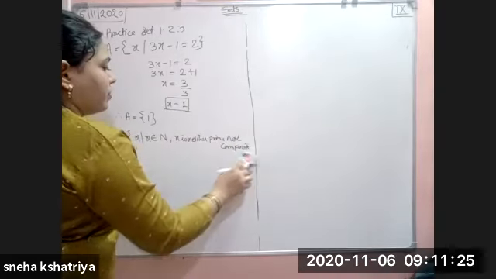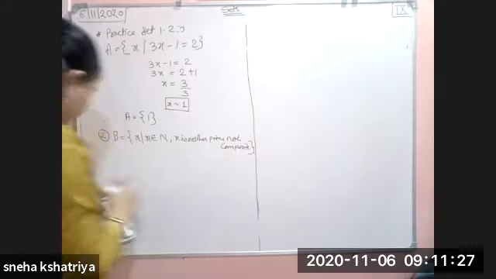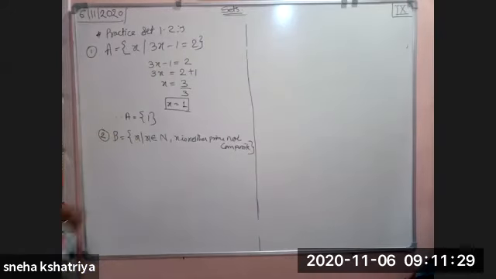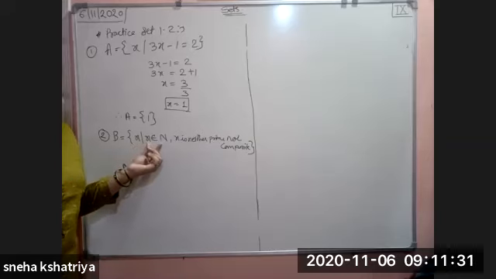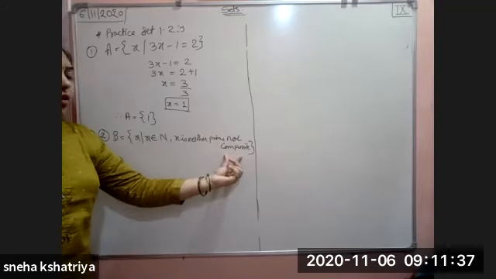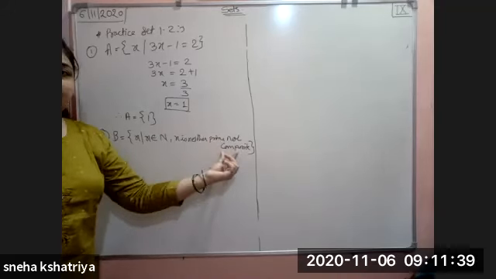So x is such a number which is a natural number, but it is neither prime nor composite. It is not prime, and it is not composite.